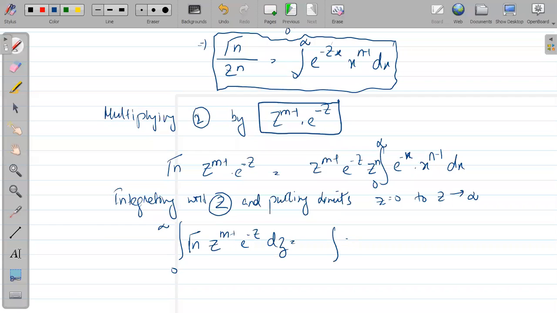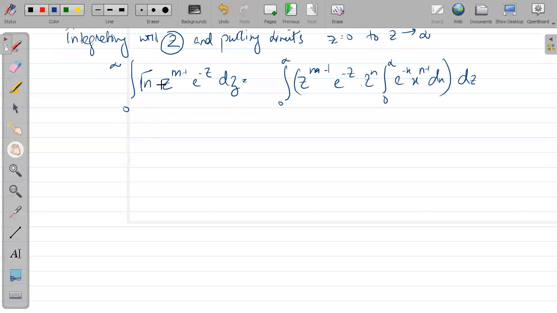Here also we have to do this. z to the power m minus 1 e to the power minus z, gamma of n, and on the right a double integral, e to the power minus zx, x to the power n minus 1 dx dz, 0 to infinity. Any problem? Very good. So here gamma of n is a constant for this integration, because the variable here is z only. So you can take gamma of n common.